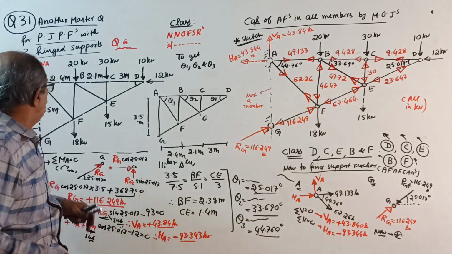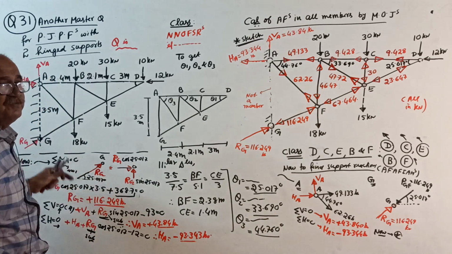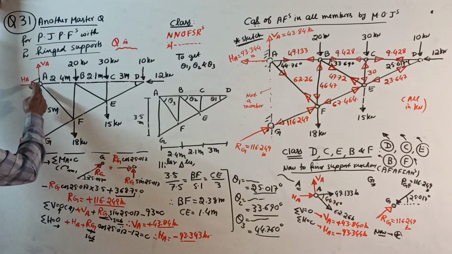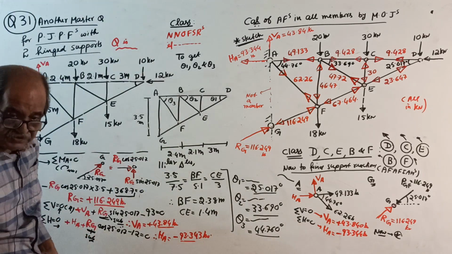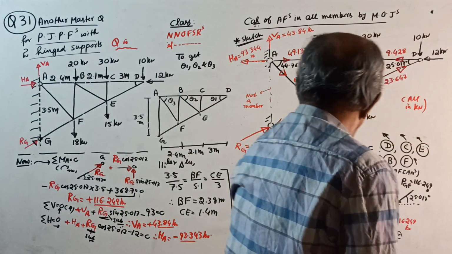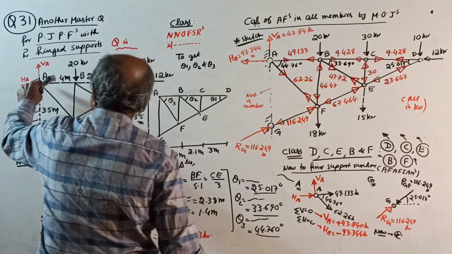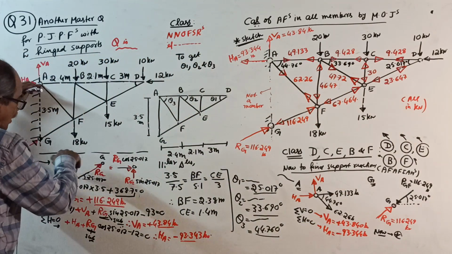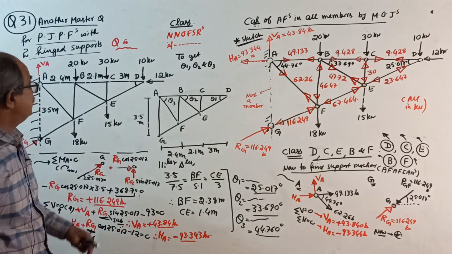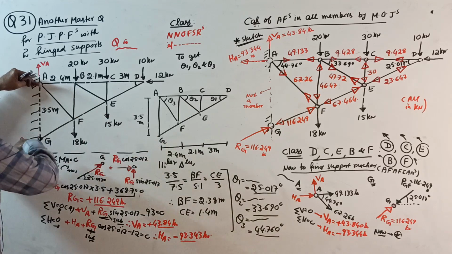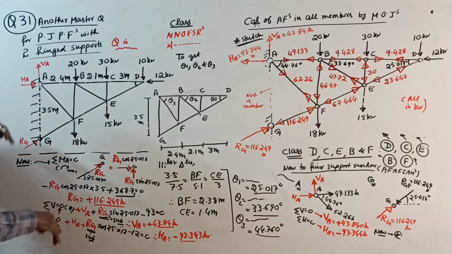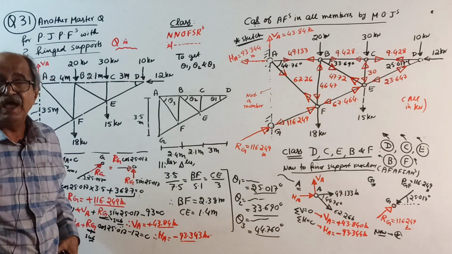One of the answers will be divided by 3.5. In one of the answers, when you take moment about this point, it is Rg cos theta into 3.5. They will skip that cos theta. So people in a hurry will do Rg into 3.5, gone. That is for previous question when it was horizontal, or for the next question I am going to give.